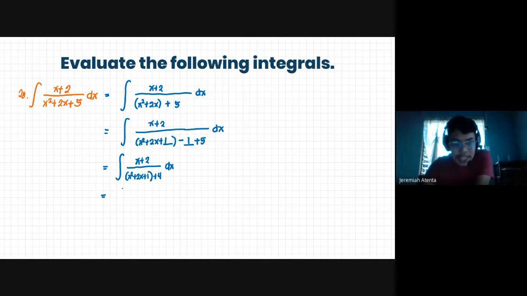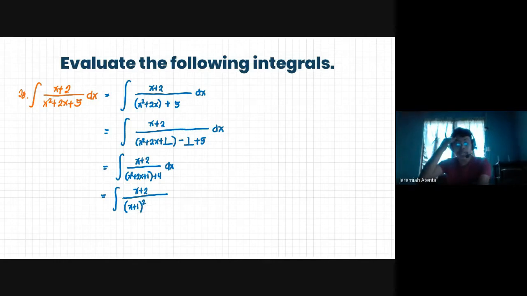Okay? Then simplifying, you will have the integral of x plus 2 over x plus 1, quantity raised to 2, then plus 2 squared. So we already know the value of a.